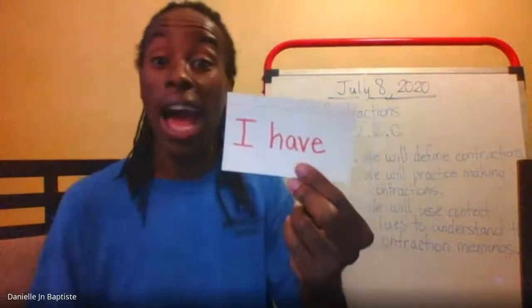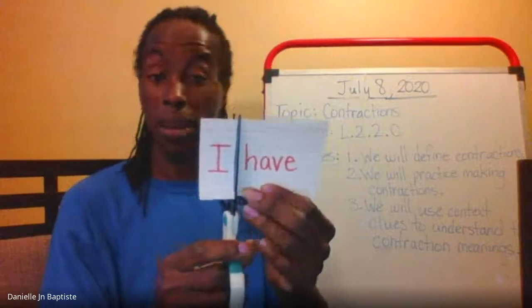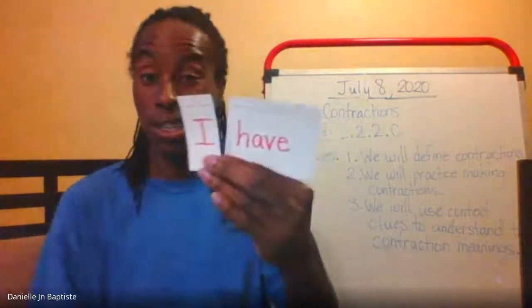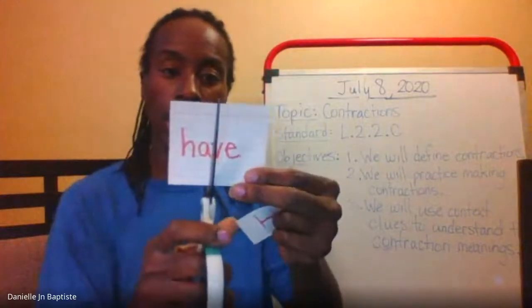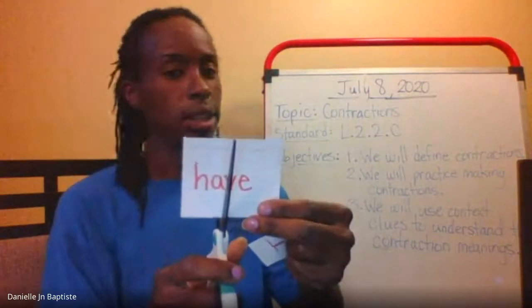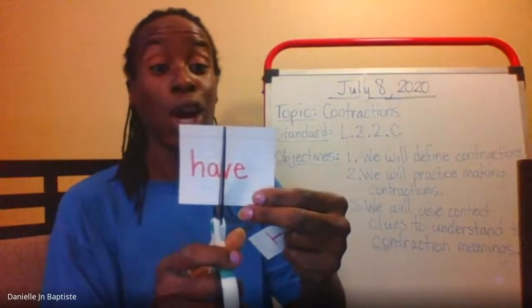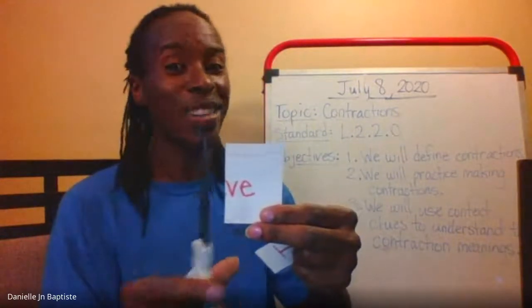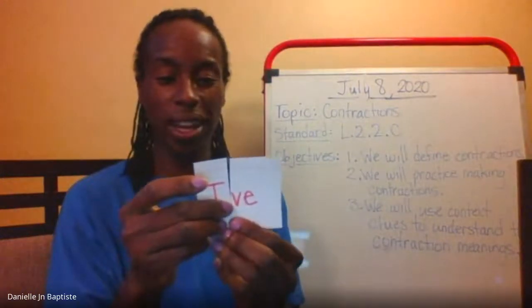The word is I have. We, my dears, my superstars, are going to separate the two words. And then with the word have, we are going to cut out the H and the A. Say the magic words so they go away. Bye-bye.